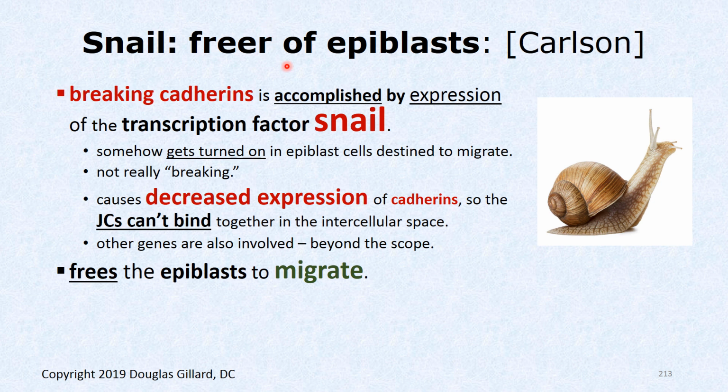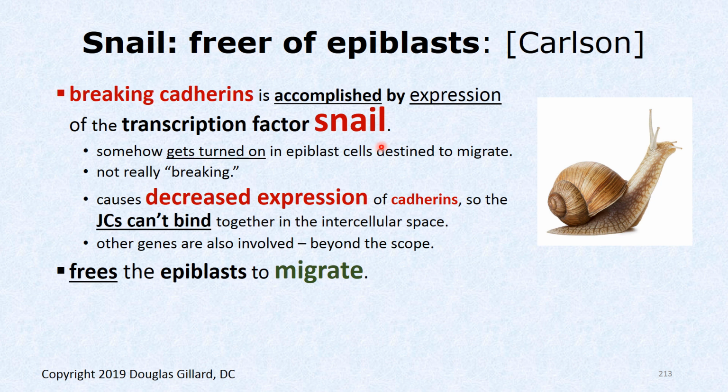And that's a cute little snail here. Snail is the freer of the epiblasts. To break the cadherins, you need a transcription factor to be turned on in our epiblasts that are destined to go through the primitive streak and primitive node. You have to turn snail on. It's not exactly understood how snail gets turned on, and it gets deeper than this, but I'm keeping it kind of basic.